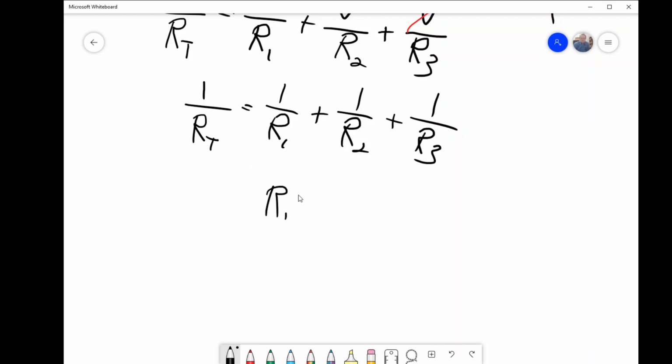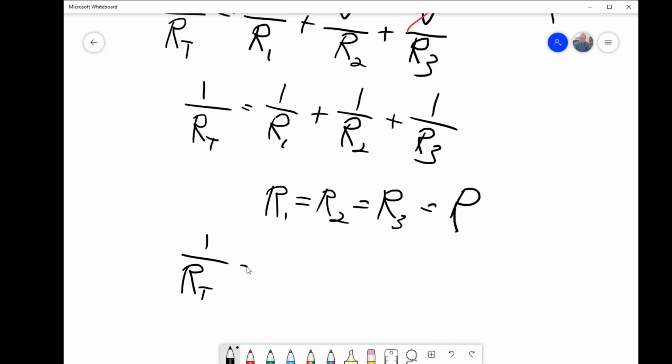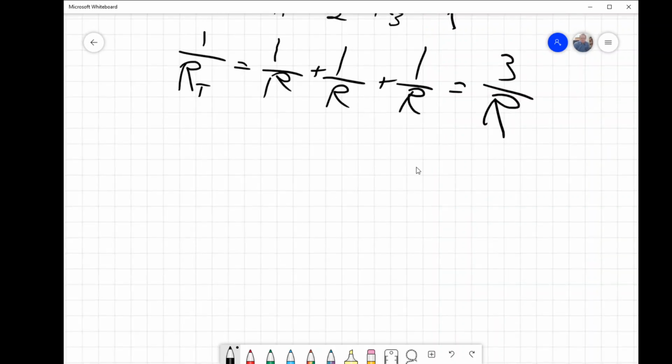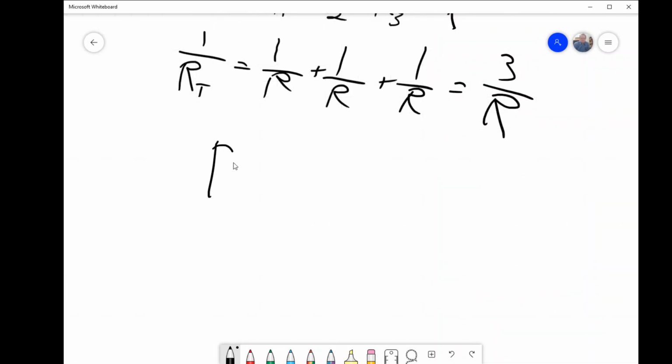So imagine that R1 equals R2 equals R3 is just some R. Then 1 over R total is going to be 1 over R plus 1 over R plus 1 over R, which is 3 over R. And this means our total resistance is the resistance of each divided by 3.